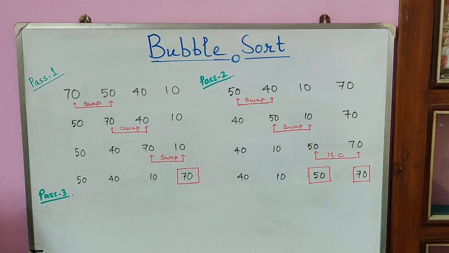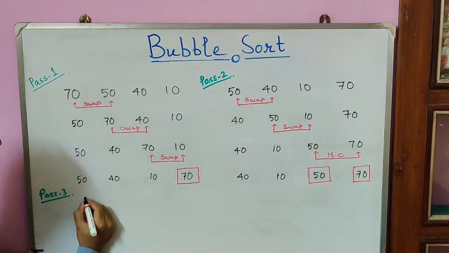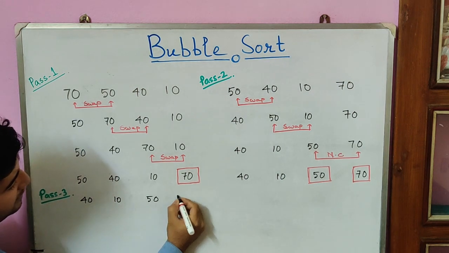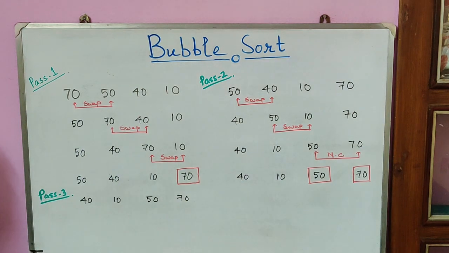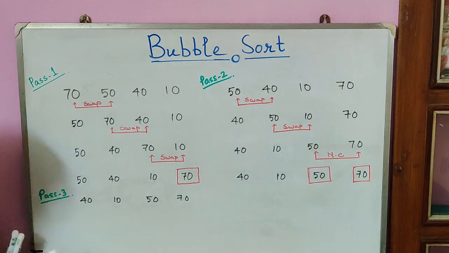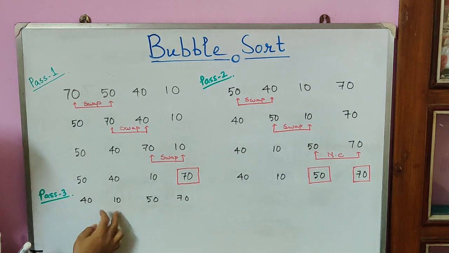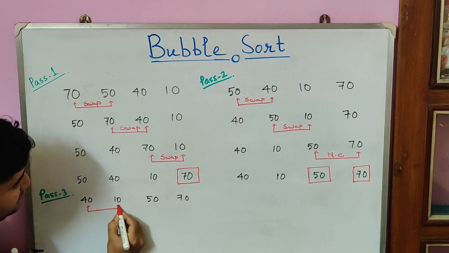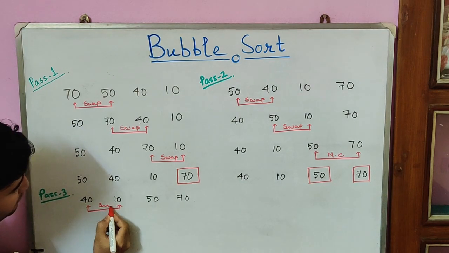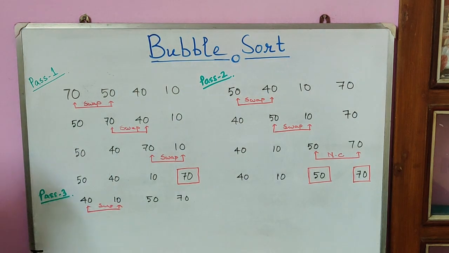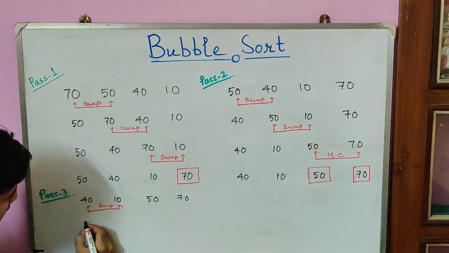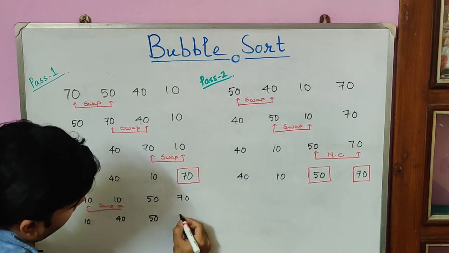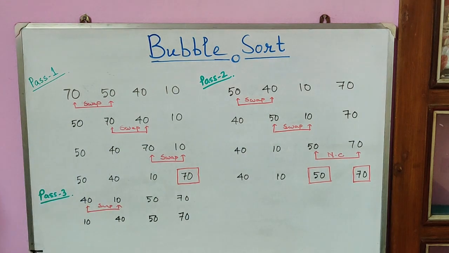The elements are 40, 10, 50, 70. Next we compare the first one with its immediate next location. Obviously 40 is greater than 10, so we need to perform a swap. So we will write here 10, then 40, then 50, then 70.